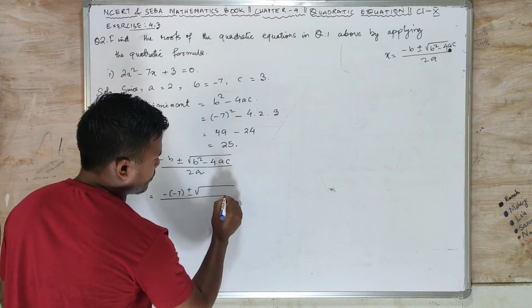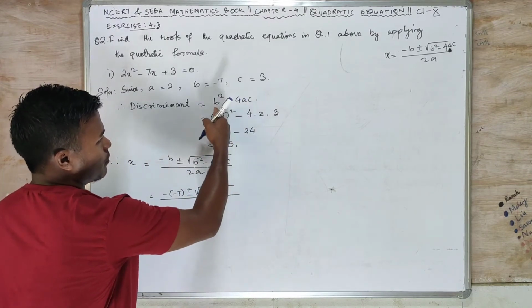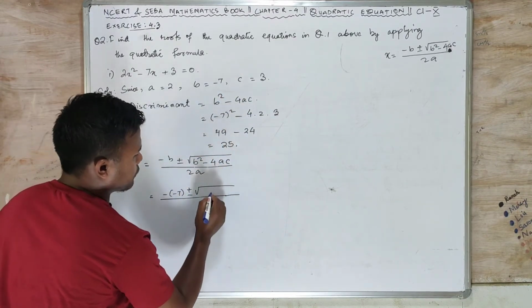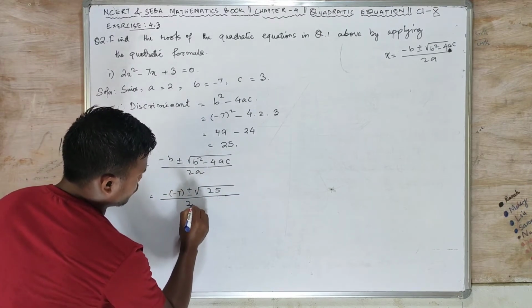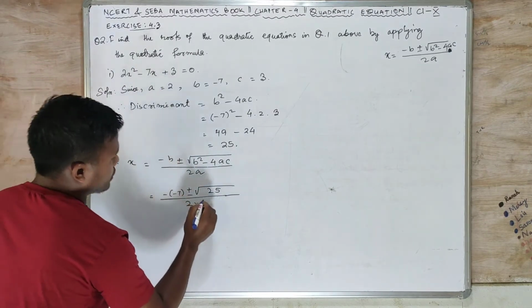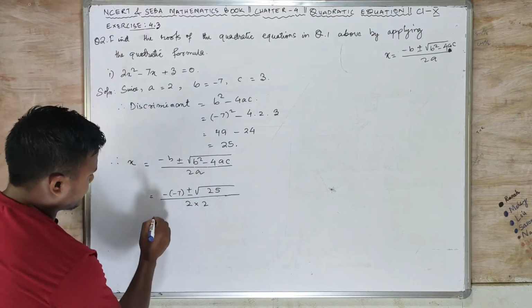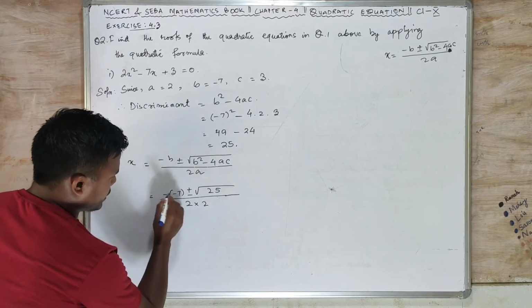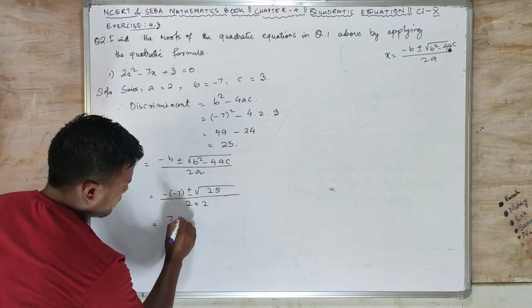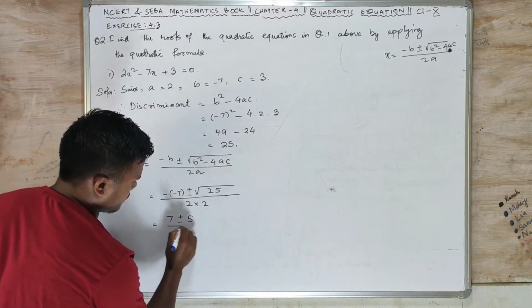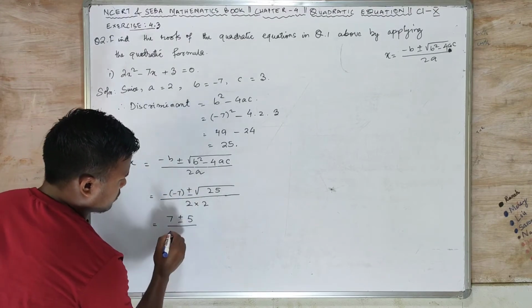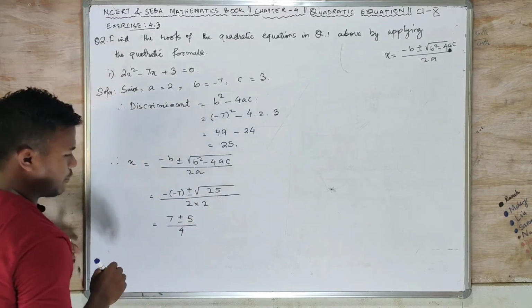What is your b square minus 4ac value? It is 25, so you can directly write here 25, divided by 2. What is the a value? A value is 2. Then minus minus will be plus 7, plus minus square root of 25 is 5. Then 2 2 are 4.